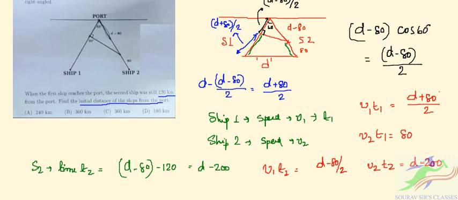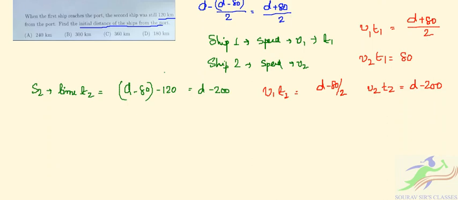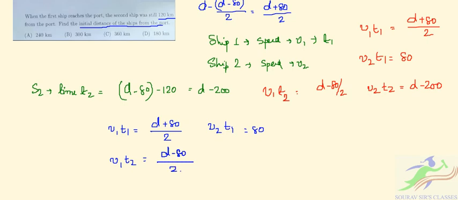So we have to eliminate v1, v2, t1, t2. We have v1 t1 equal to (D plus 80) by 2, v2 t1 equal to 80, v1 t2 equal to (D minus 80) by 2, and v2 t2 equal to D minus 200.